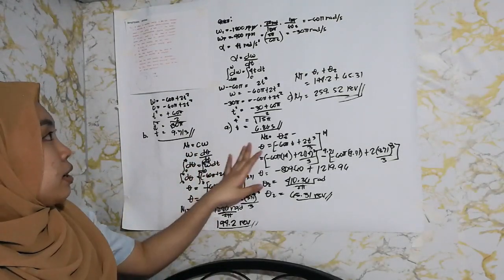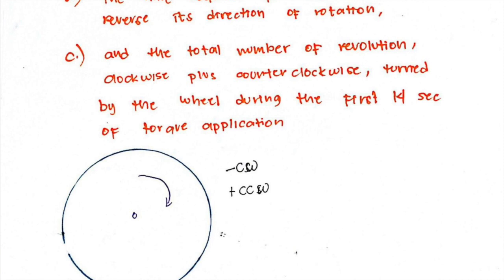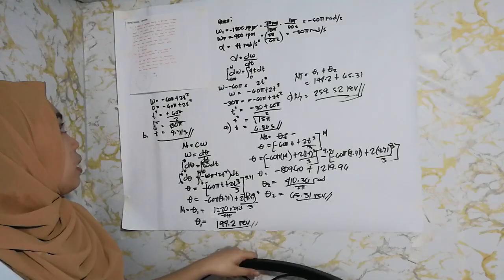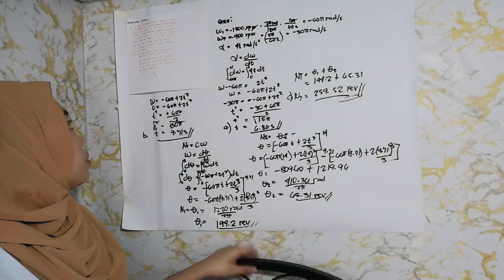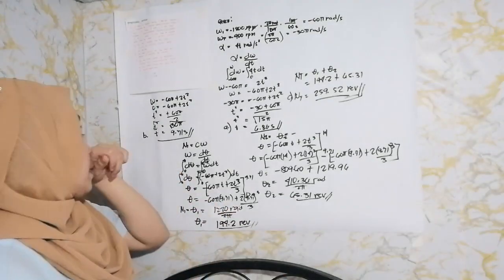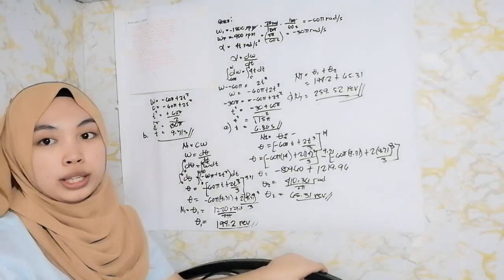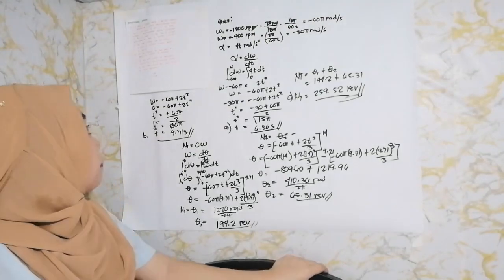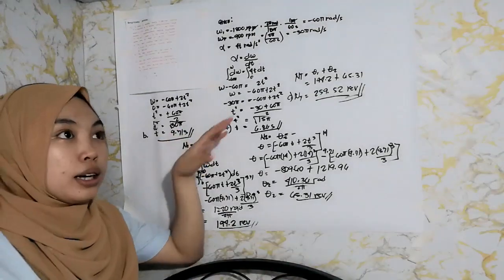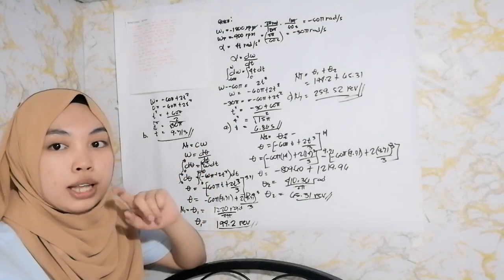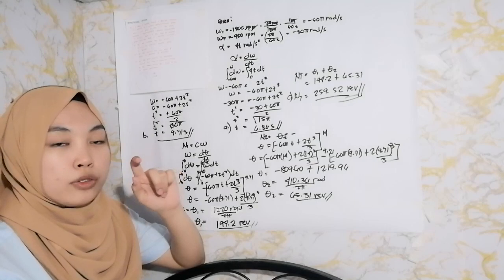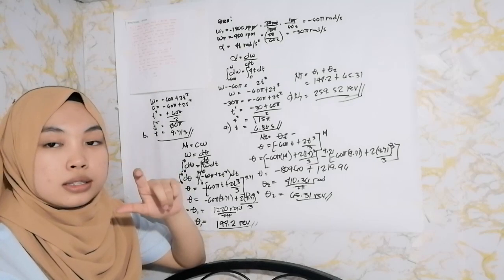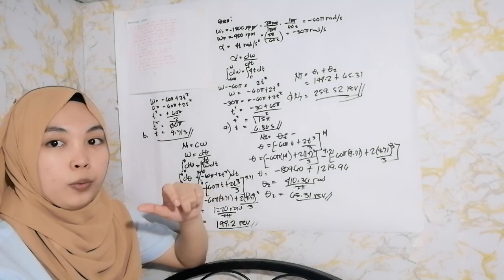And for letter C, the total number of revolutions, clockwise plus counterclockwise, turned by the wheel during the first 14 seconds of torque application. What we are looking for is the total number of revolutions, so we have to get the total clockwise turn and the counterclockwise turn.